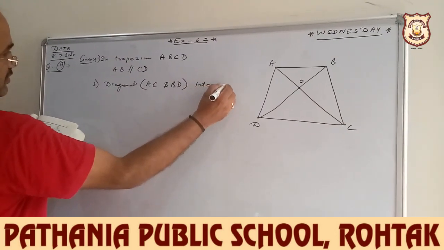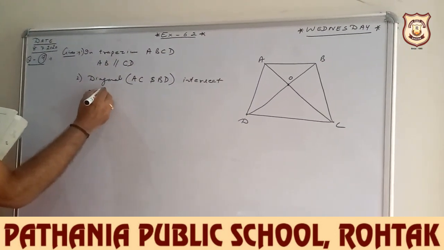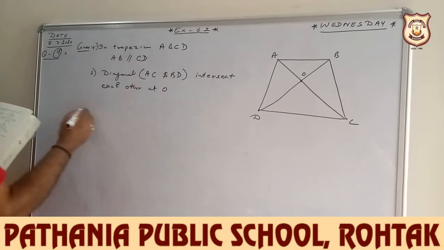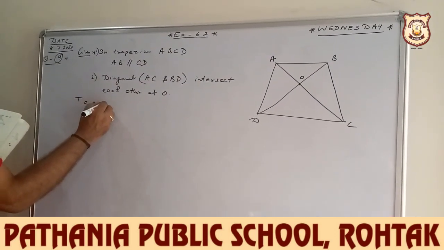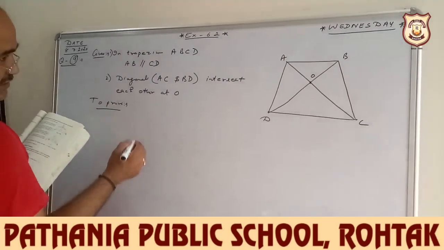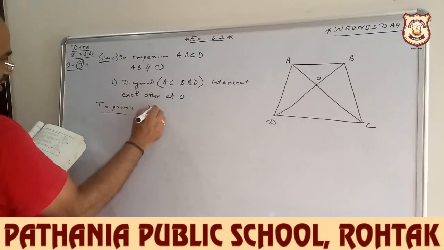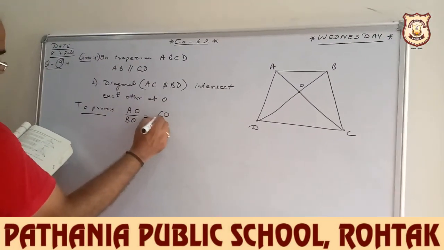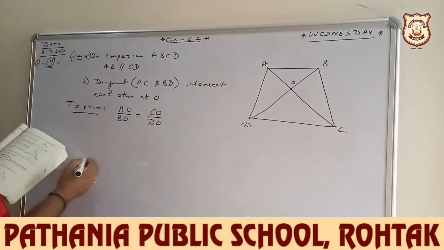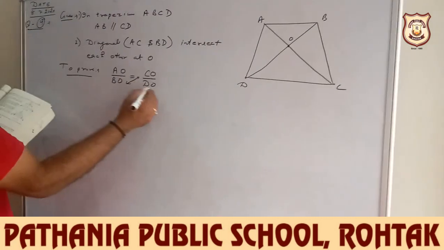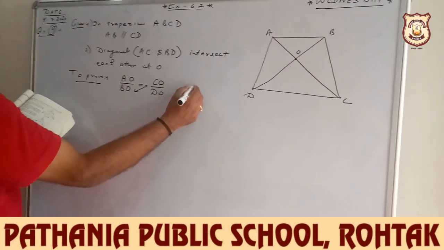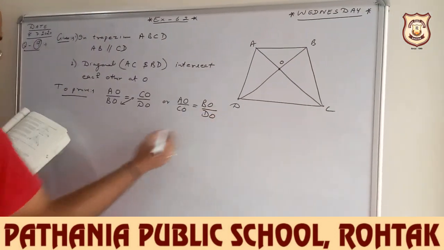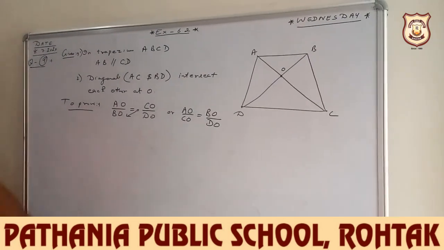Second point, diagonals AC and BD intersect each other at O. Then to prove, you can write AO upon BO equal to CO upon DO, or you can interchange this one, AO upon CO equal to BO upon DO.